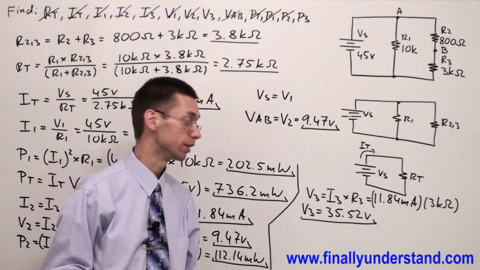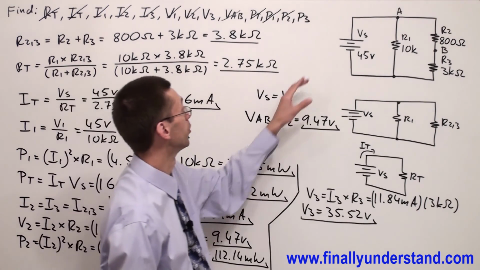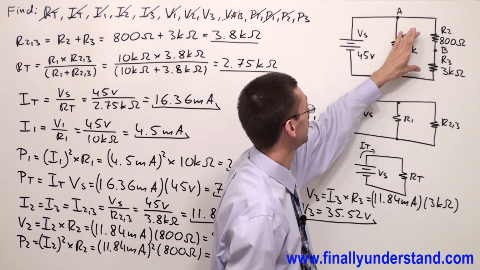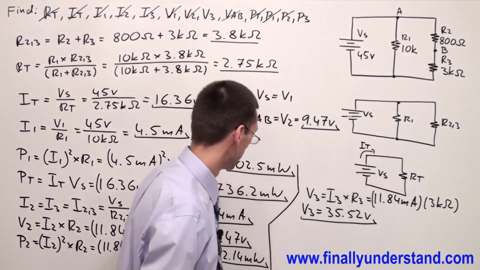So it means that our answers are correct up to this moment. Okay, so the sum of these two voltages is equal to 44.99, the voltage source is 45 volts, so everything is good.